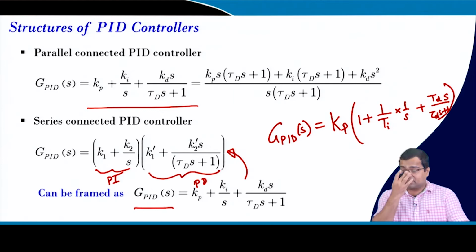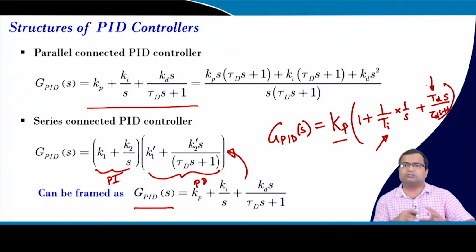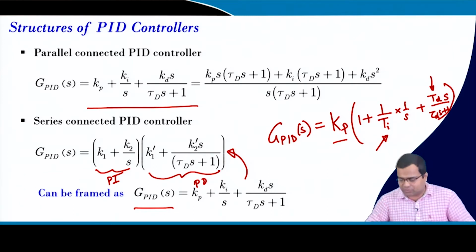So, we can take Kp out and write it in terms of the integral time constant and the derivative time constant. This is another way of representation where Kp is common, okay.